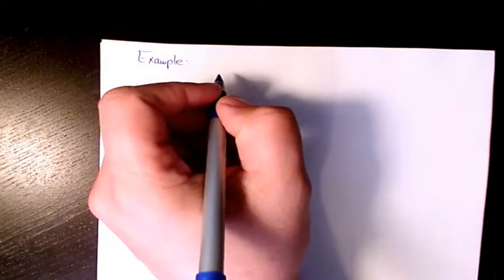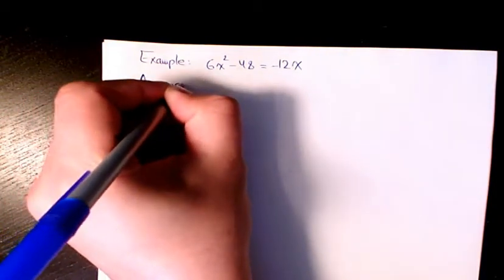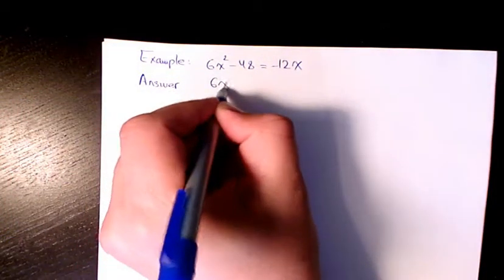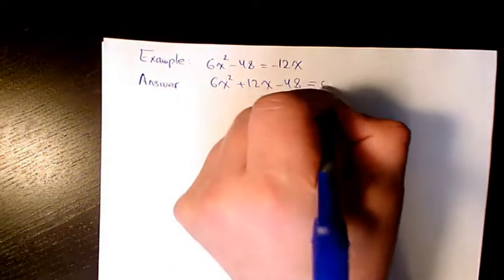Okay, next example is 6x squared minus 48 equals negative 12x. Answer will be 6x squared plus 12x minus 48 equals 0.